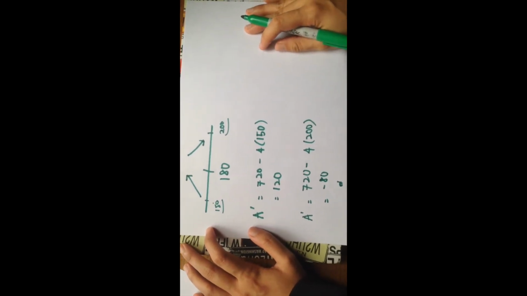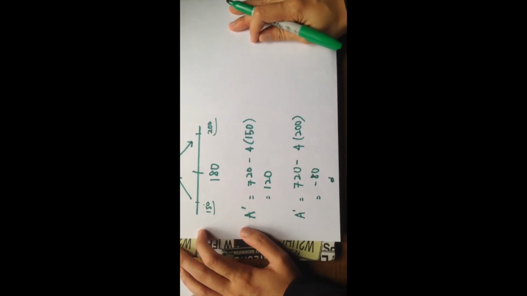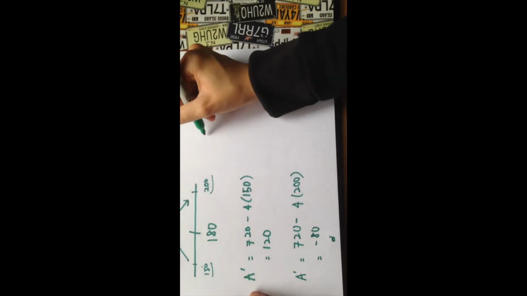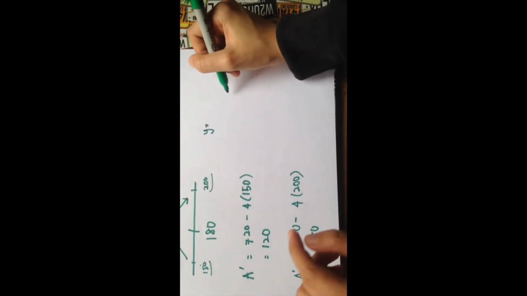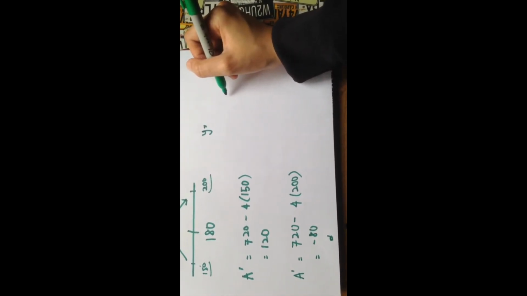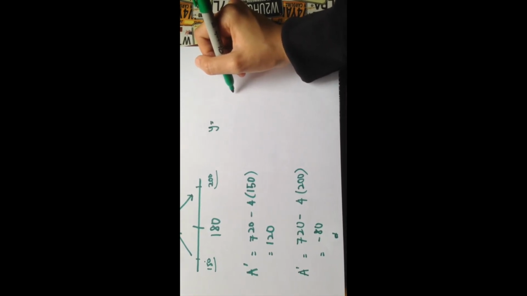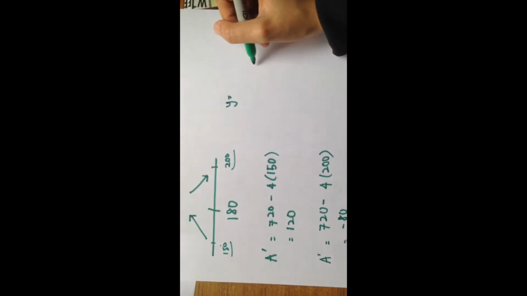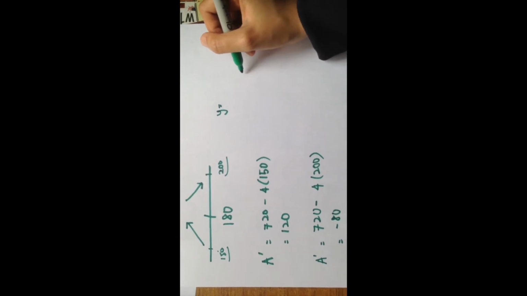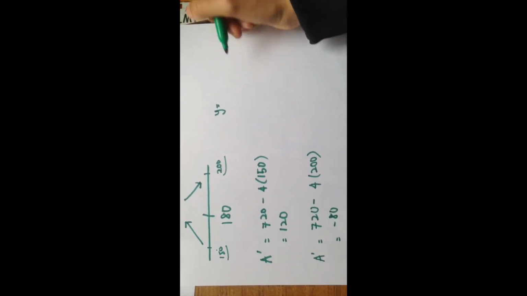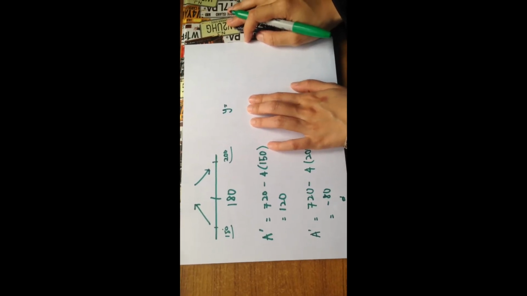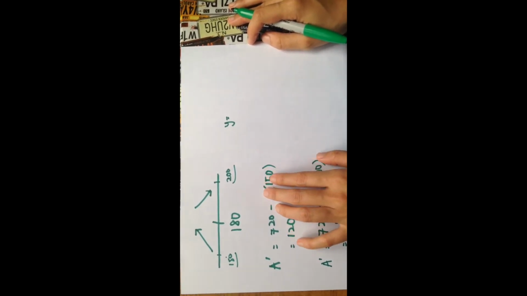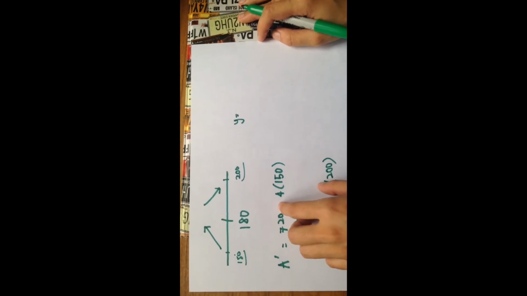So we want to find the value of y, we have to substitute the x value 180 from just now into the constraint equation.